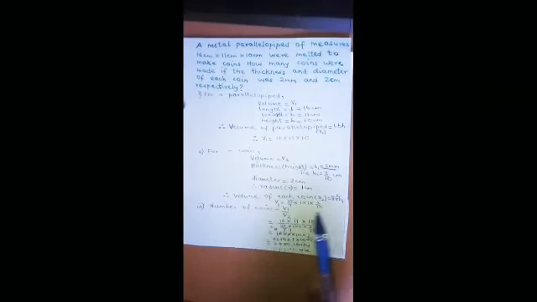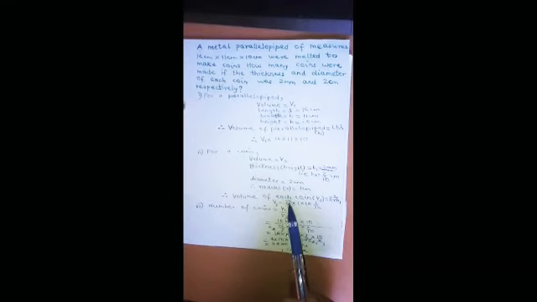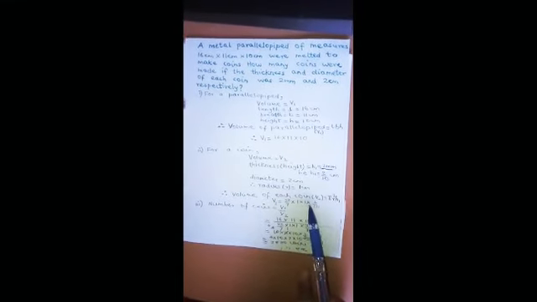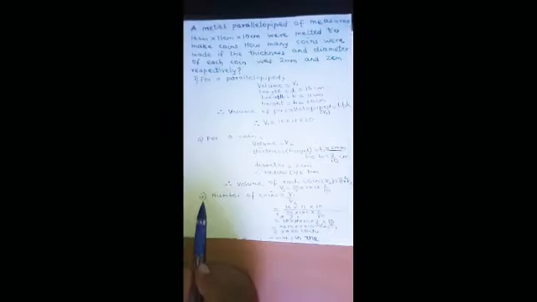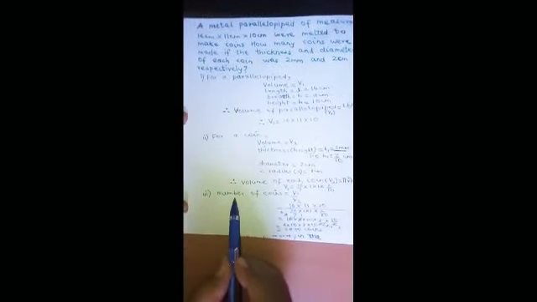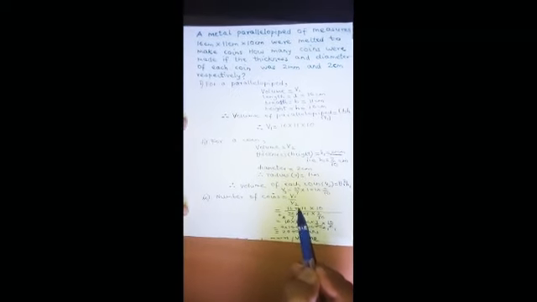Therefore volume of each coin represented by V2 equals to pi r square H1. Therefore V2 equals to 22 upon 7, r is 1, so 1 into 1 into H1 is 2 upon 10. In the third step, we will write number of coins equals to V1 upon V2. V1 and V2 we will substitute from step 1 and step 2.